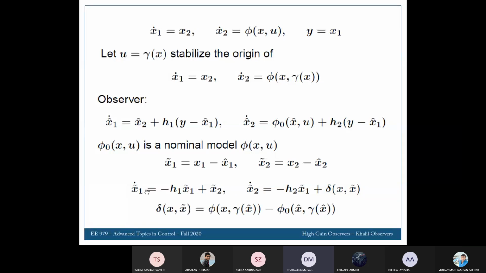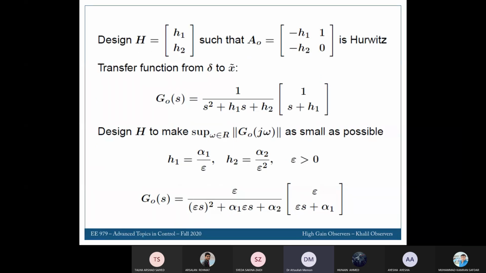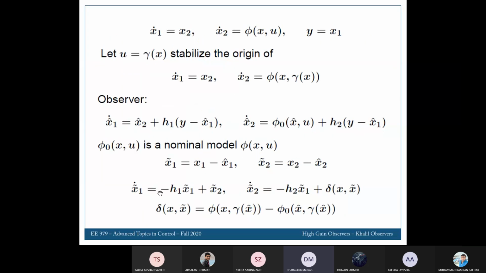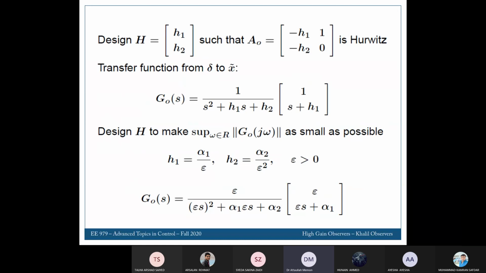Then I can find a transfer function from the matrices A, B, and C. And that transfer function would be here. Now, if we bring in the transfer function from delta to x tilde, delta is my input, x tilde is my output. My transfer function is here.